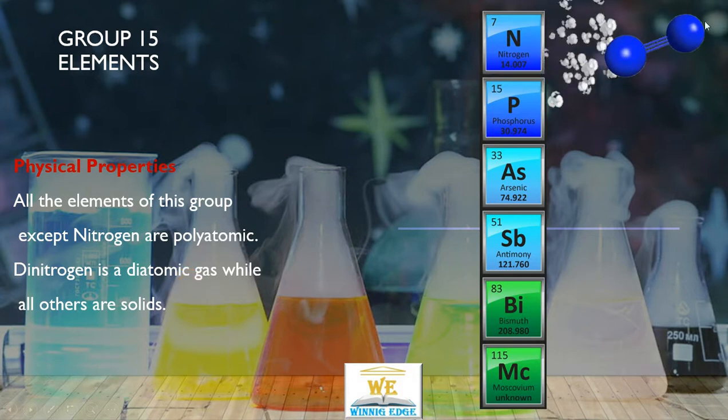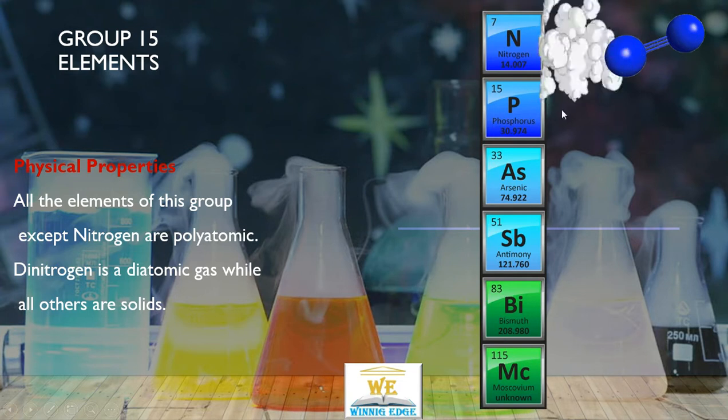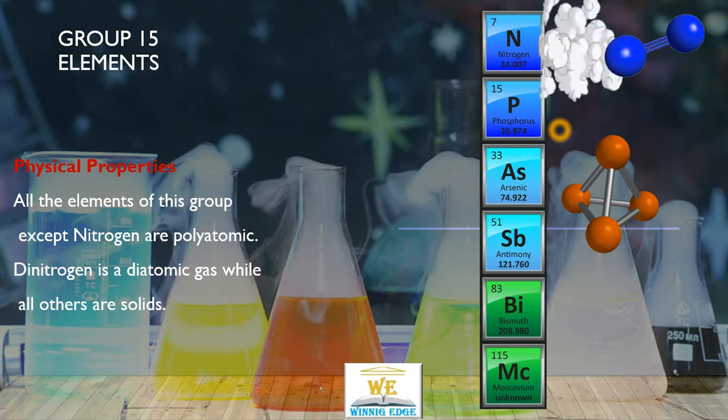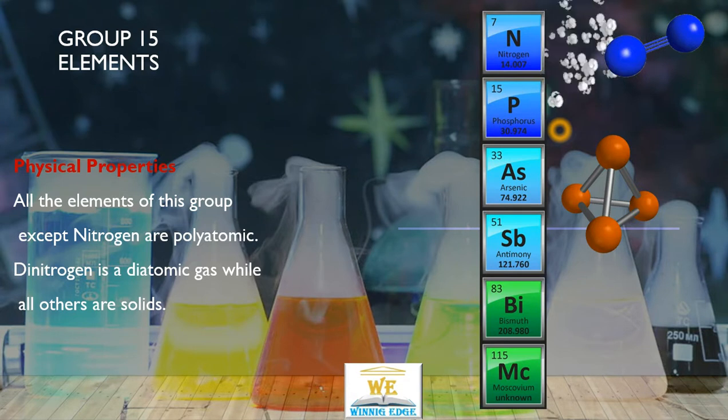At room temperature nitrogen is a gas, but all the rest of the four elements are solid. For example, phosphorus, one of its allotropic forms, exists as P4.